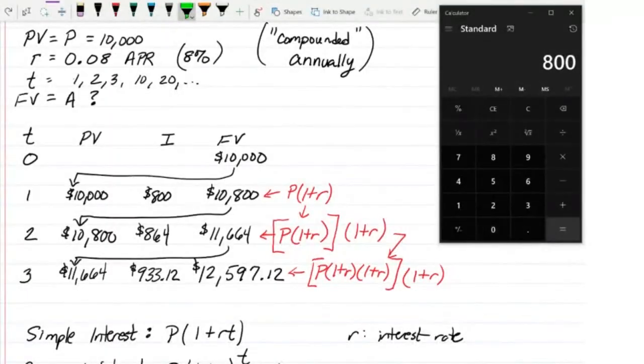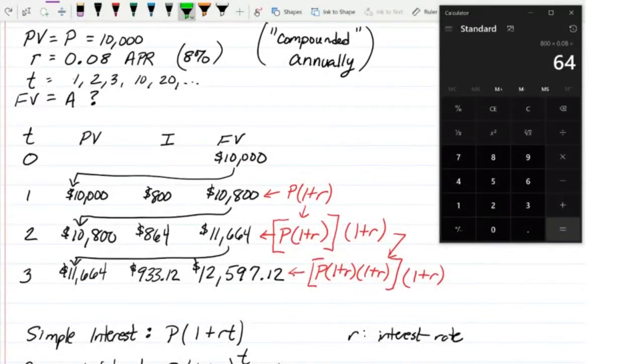Well, that's $800 of interest from year one, and it earns 8% interest on its own now during year two, the extra $64, right? You see how the difference between year one's interest and year two's interest is $64? That's the extra $64. That's the interest on the interest from year number one.